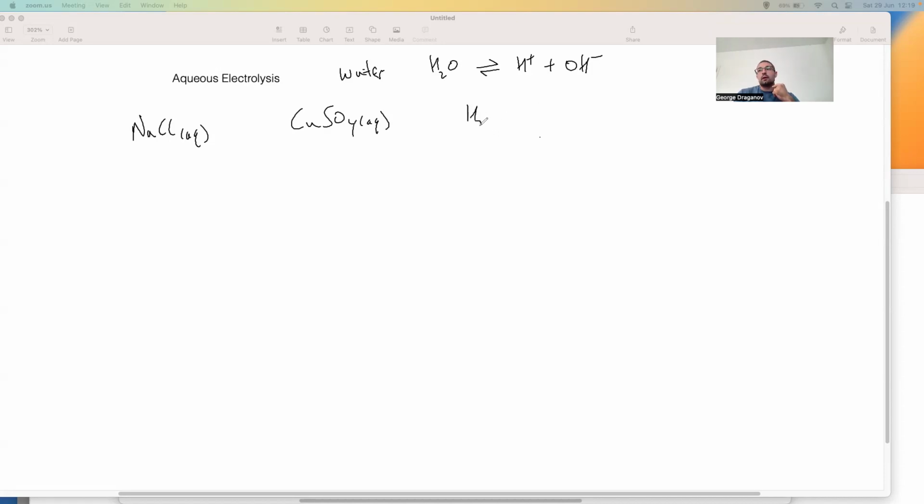We shall look at sulfuric acid, aqueous, and we'll just slip in magnesium bromide. And just for fun, let's put in a nitrate. Let's put copper nitrate. Okay, that should be more than enough examples for me to go through with you.